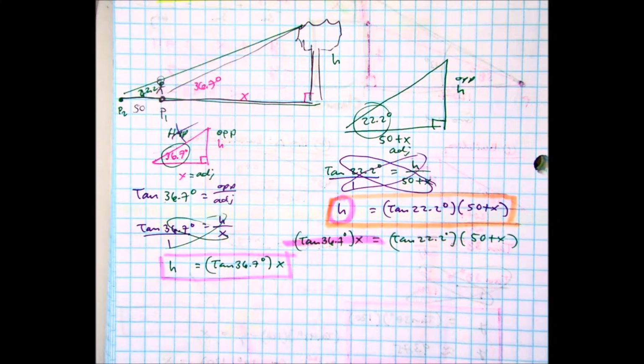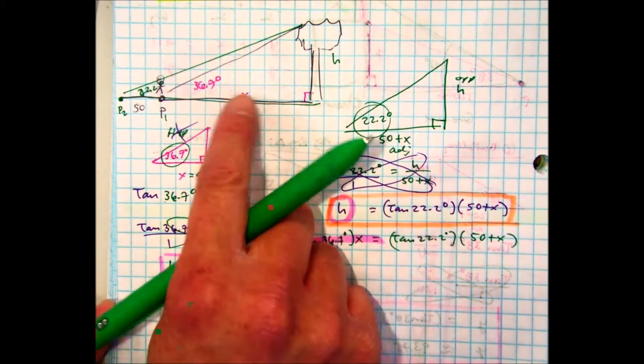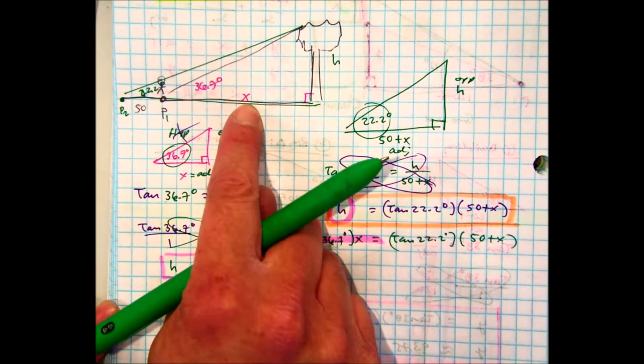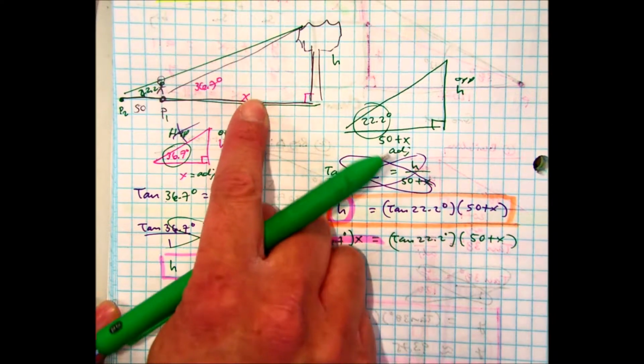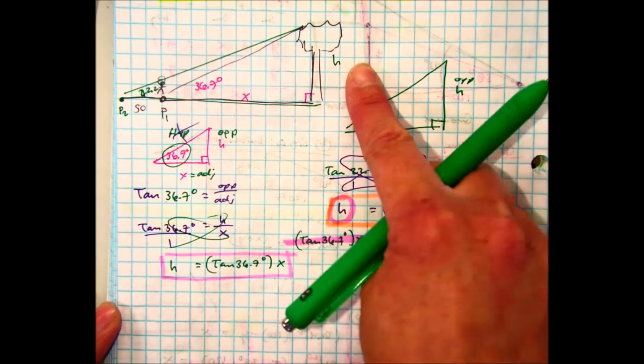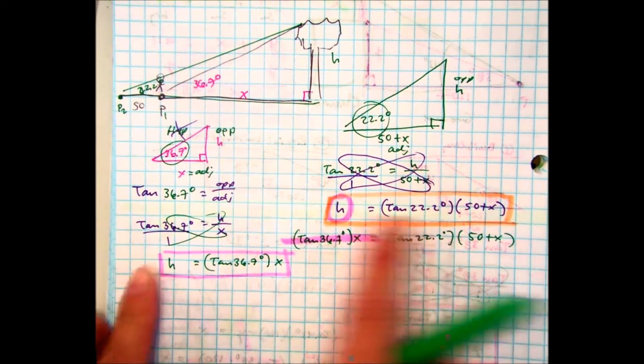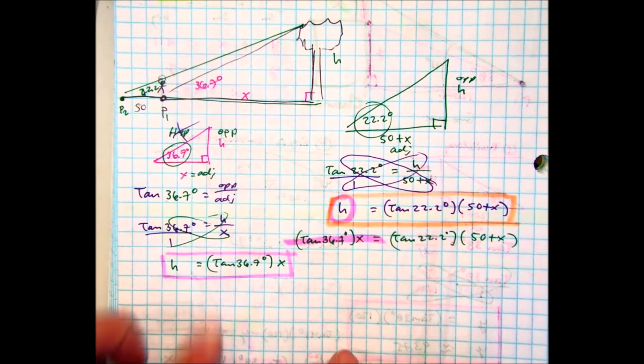Now, all I have to do is solve for x. Once I get x, I can put it back in my picture. Then I can actually solve for h, or I already have two equations already solved for h. I just put back in x.